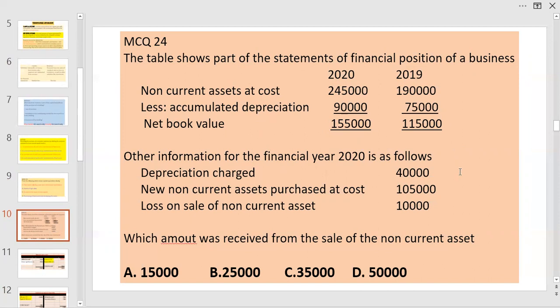Further, they say, during the year 2020, depreciation charge was 40,000, non-current assets purchased new 105,000, loss on sale of non-current assets 10,000. In order to deal with this situation, we will have to create a disposal of non-current asset account. For that, we need cost, accumulated depreciation, and also the sales value. But none of these are given directly, so we will have to find out.